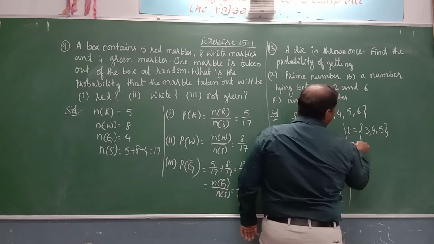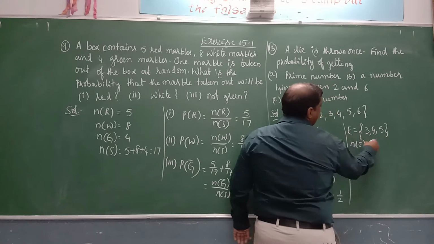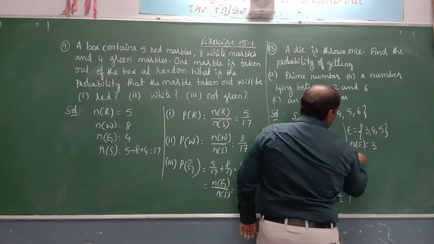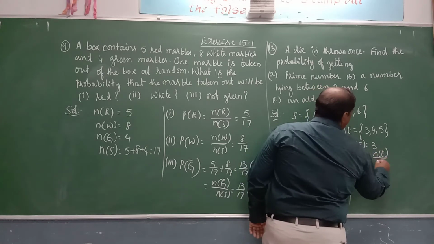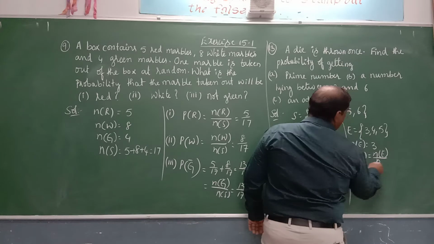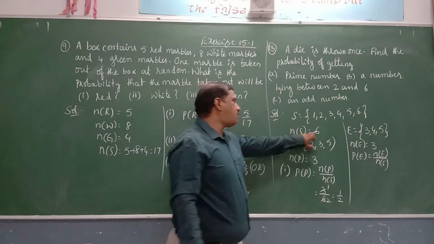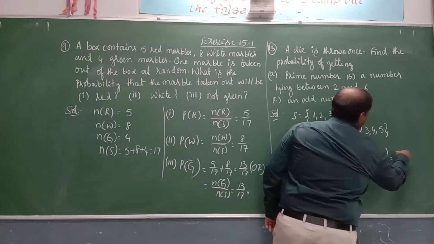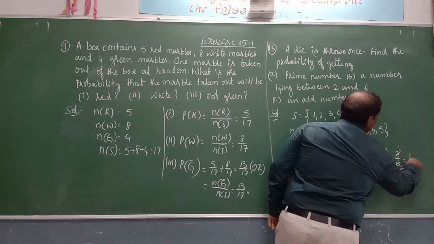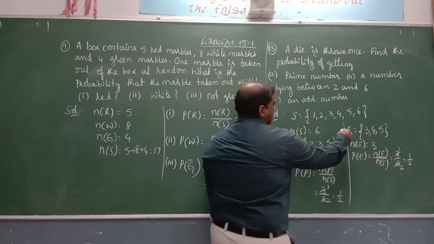So n of E is the number of favorable outcomes of event E, which is 3. Therefore P of E is equal to n of E divided by n of S. N of S means total number of possible outcomes, which is 6. That is again 3 by 6. 3 ones are 3, 3 twos are 6. We get 1 by 2. This is the second one.